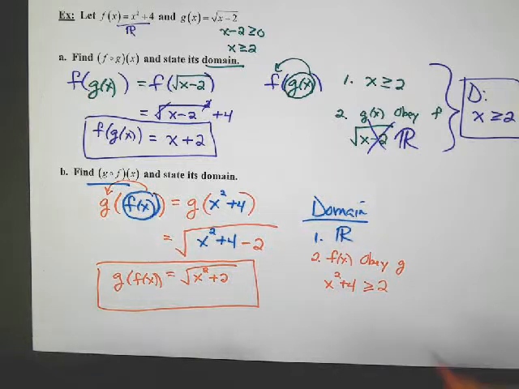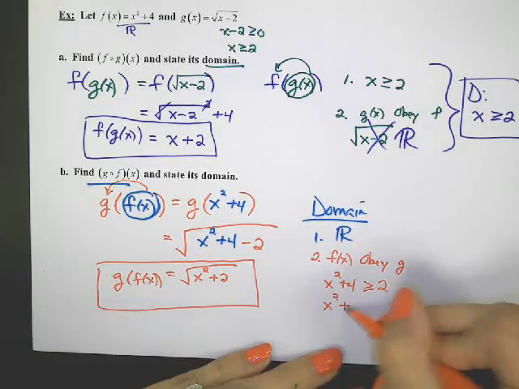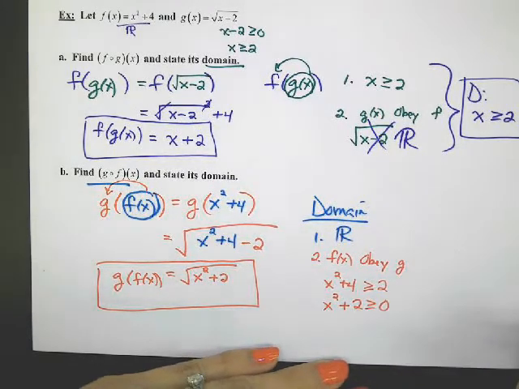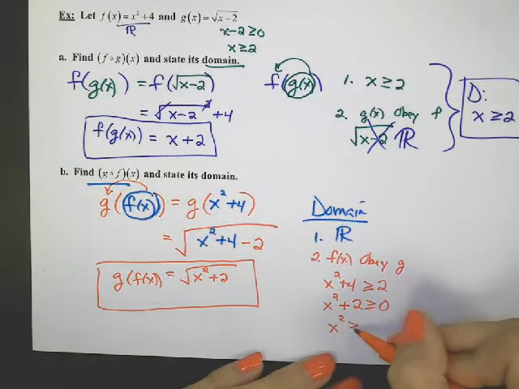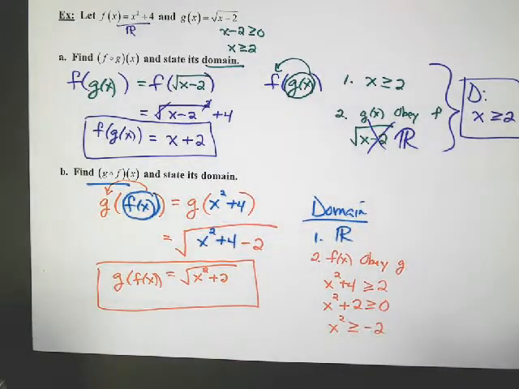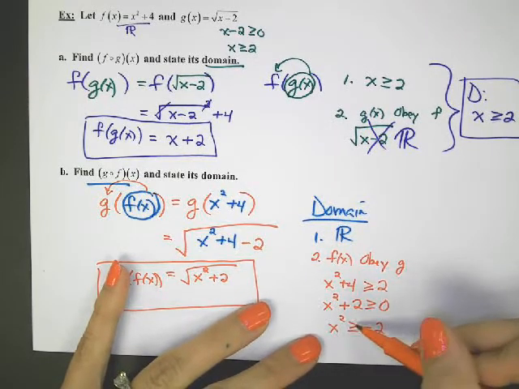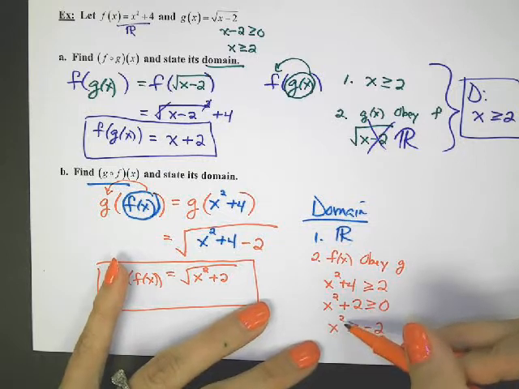Okay, let's go ahead and solve this. Maybe I'll move everything over here to the left. x squared plus 2 is greater than or equal to 0. I'm having trouble factoring with a plus. If I take a look at x squared greater than or equal to negative 2, do you remember what this means here? x's have to be greater than a negative 2 when they get squared.